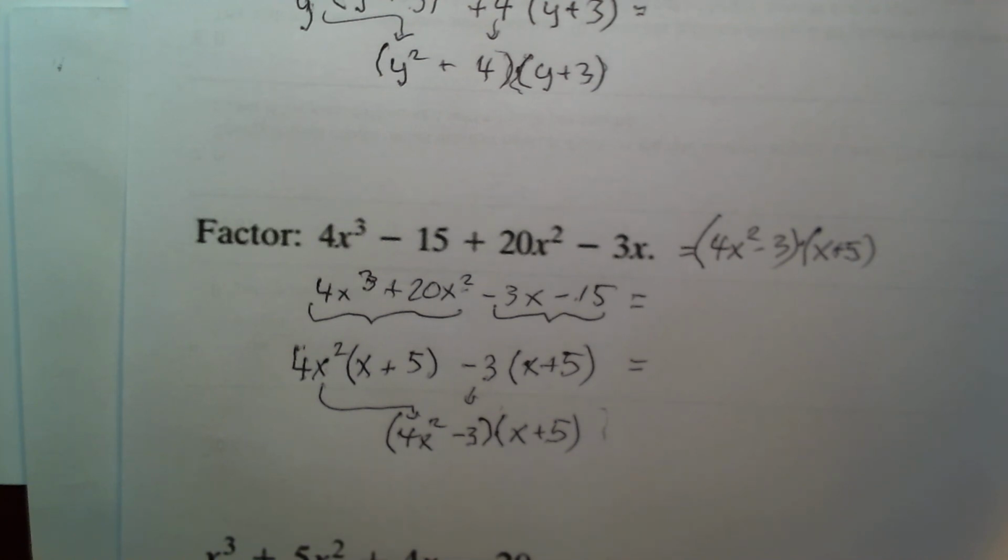So we need to factor out a 4. But now we notice that that's not going to work, because 4 times x is 4x, and 4 times 5 is 20, but we need a minus 20. So in other words, factoring by grouping is not going to work.